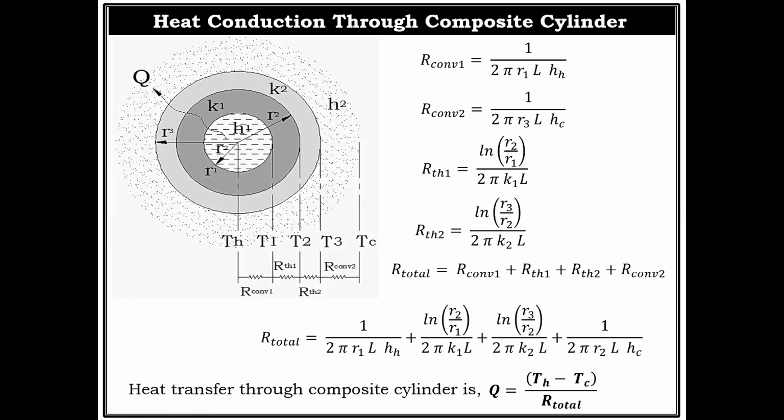So in this way we can find the heat transfer rate through any composite cylinder having a convection part and a conduction part. If there is only one convection, then the second convection term will be removed. So the main formula remains the same, only the calculation of total R changes.